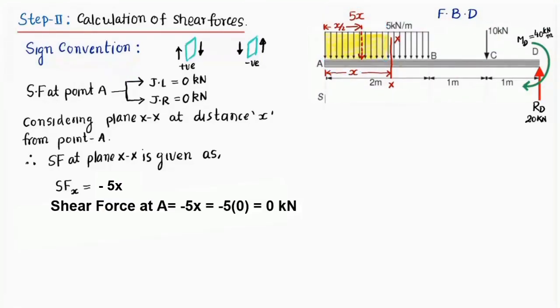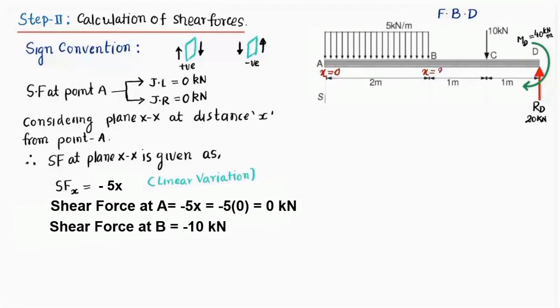Now you can see that the shear force is varying linearly with distance x. This is called linear variation. With the help of this expression, I can find out shear force at point A, which we have already got, friends, and we can also find shear force at B. This indicates the expression of shear forces from point A to B. If I want to find shear force at point A, I have to put x equal to 0, and if I want to find shear force at B, I have to put x equal to 2 meters.